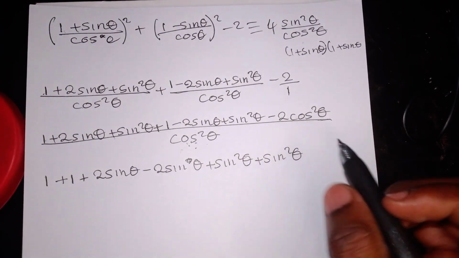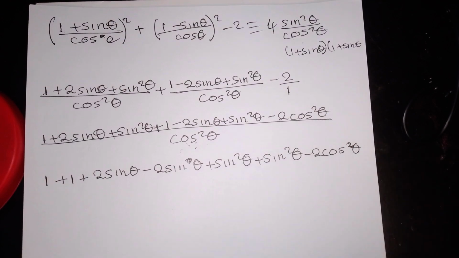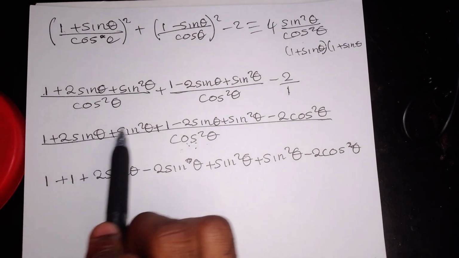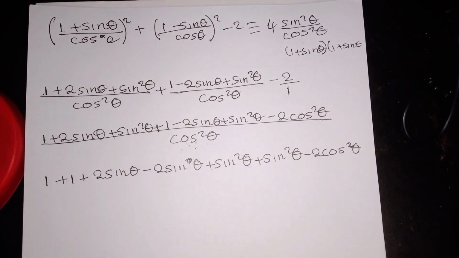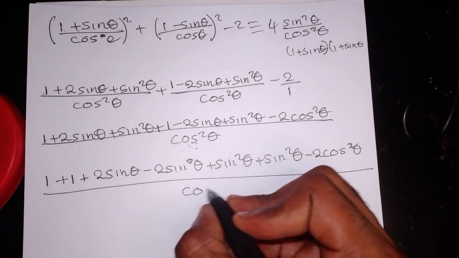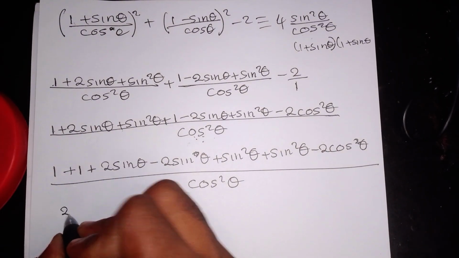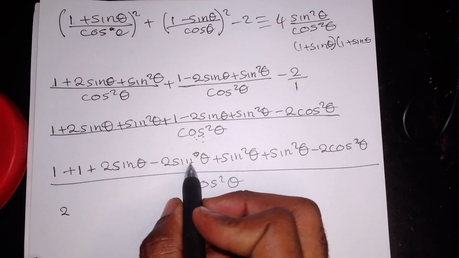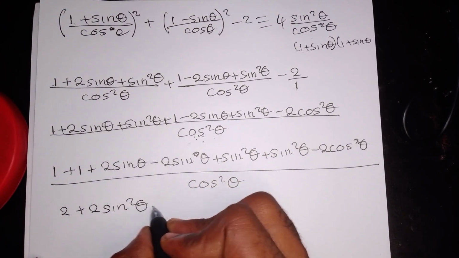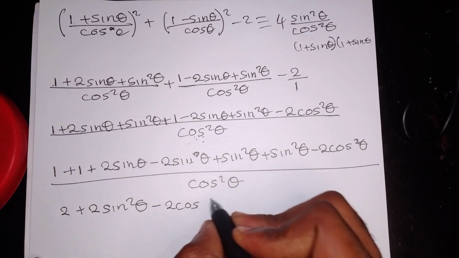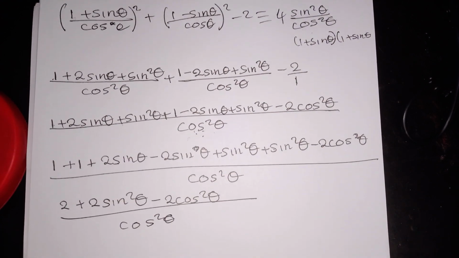And then finally we have minus 2 cos squared theta. Did we leave out anything? 1, 2, 3, 4, 5, 6, 7. Okay, so I think we are okay. And then we can add the like terms. Here this is a 2, and that's a 0. This plus this, we have 2 sine squared theta, then minus 2 cos squared theta, everything over cos squared theta.